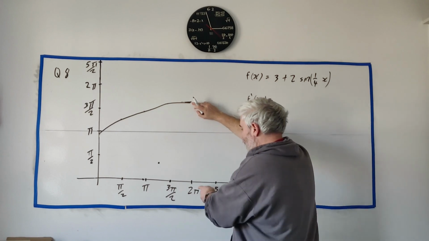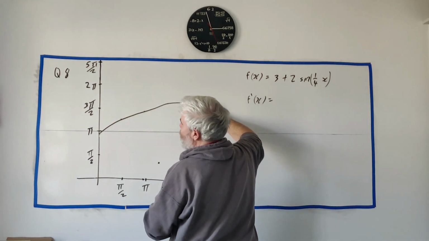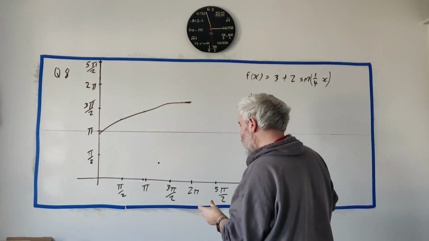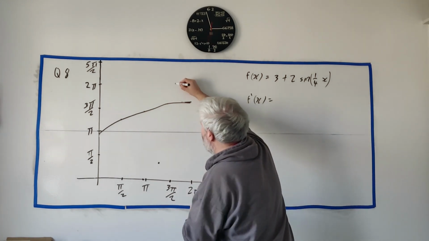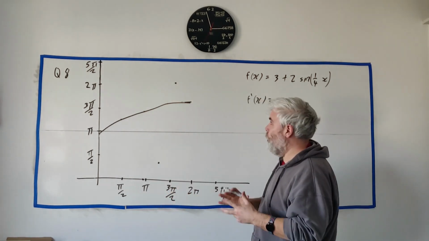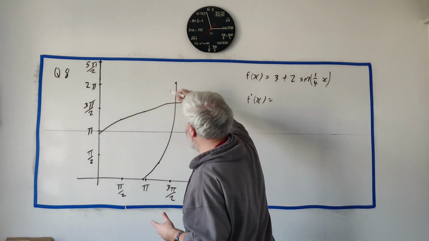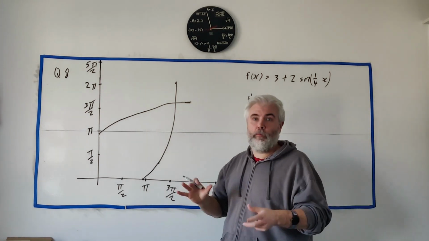If I put in 2 pi, I get somewhere between 1.5 and 2 pi out. So if I put in that, I should get 2 pi out, and so on. I hope that's clear. If I put in all these dots, I should get a shape that looks something like that. So that would be full marks for this question.